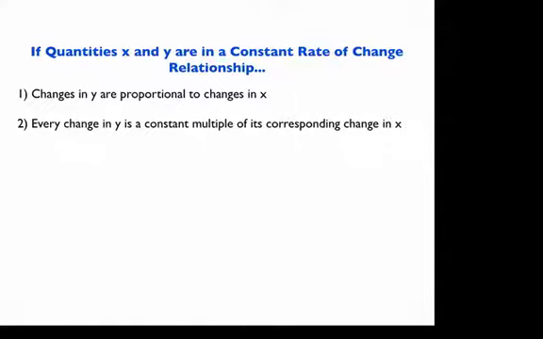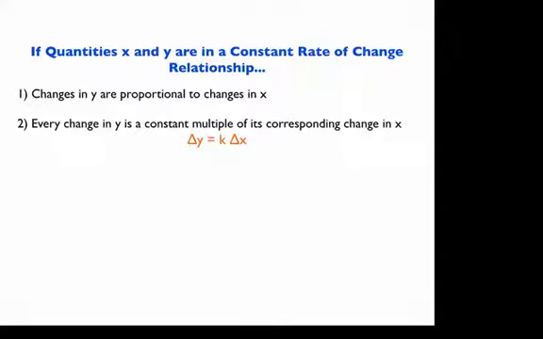Every change in y is a constant multiple of its corresponding change in x, or y equals k delta x. This is probably the one that's gonna come up the most. We're gonna see it like 4 times as we're building up the calculus. We're gonna come back to this over and over again. So not only do I want you to memorize it, but be on the lookout for it.